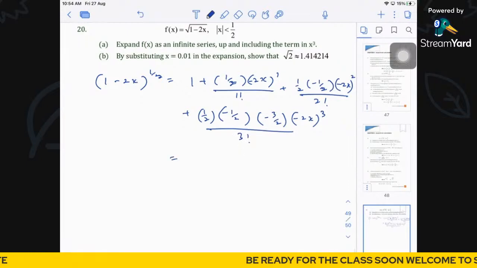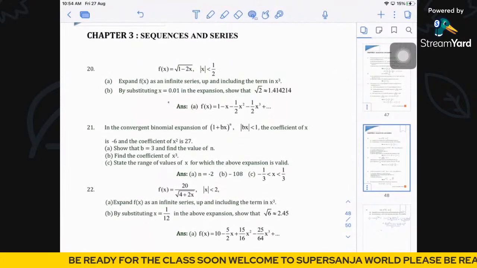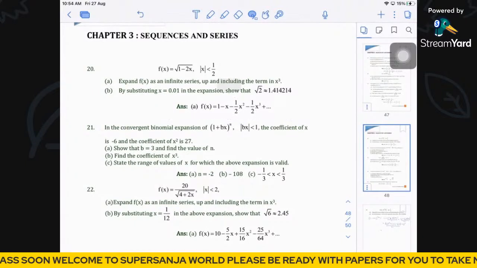So the expansion, no problem. You all can calculate using your calculator and get this expansion over here. The answer for the expansion, I leave it to you all.